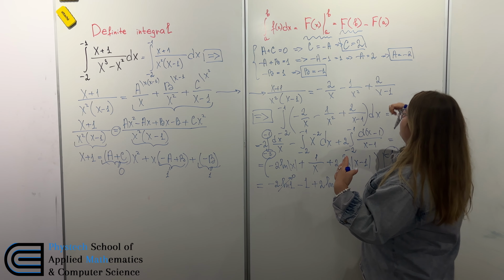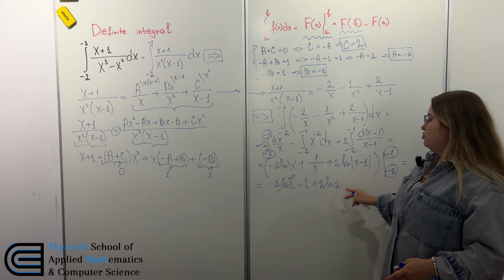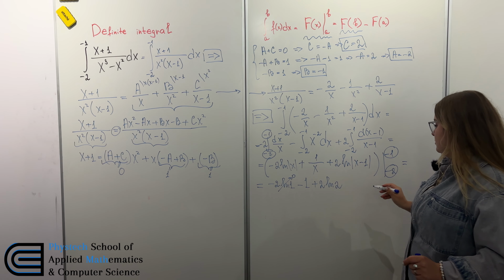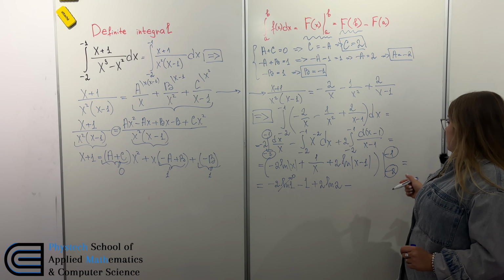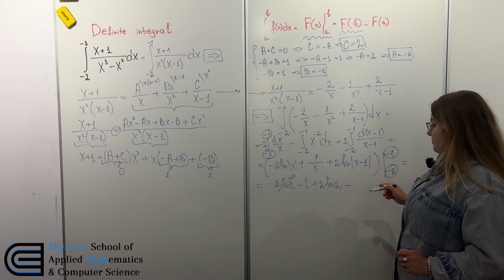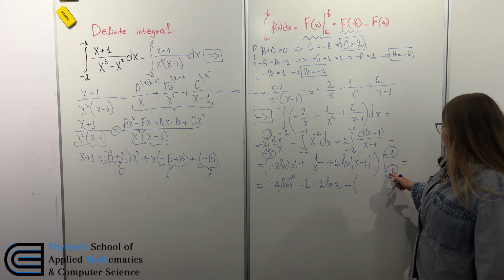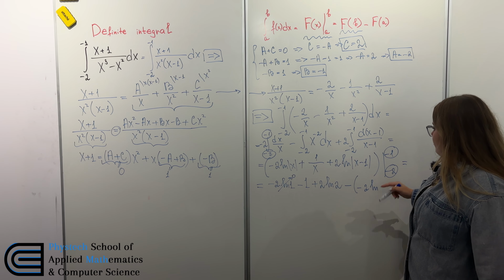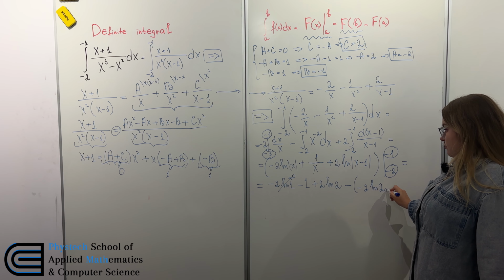Then we should put minus, and then -2 we need to put here, here, and here. So let's do it. Minus -2 logarithm of what? Absolute value of -2 gives us 2.